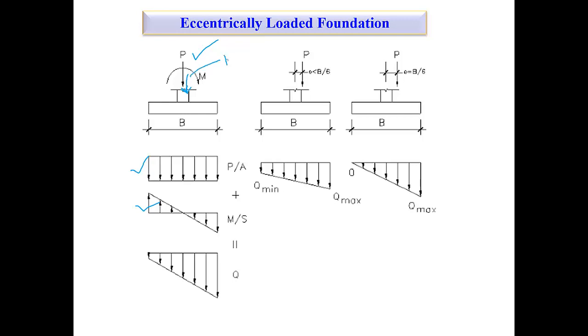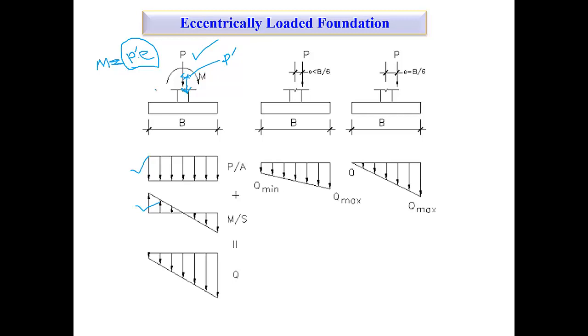Suppose this is distance E, right? So we know M equals P prime into E. So this M will be defined as P into E. Clear? Can you hear me? Yes, sir.